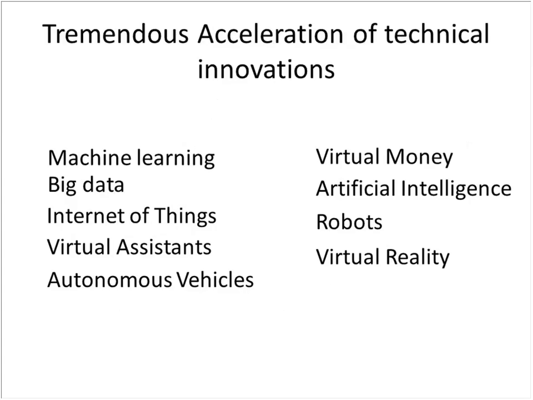And the things you hear out there: machine learning, big data, Internet of Things, virtual assistants, autonomous vehicles now becoming a piece of software, virtual money, artificial intelligence, robots, and virtual reality are big buzzwords these days in the marketplace. What do these things mean? What's the role of an information systems engineer in these big thrusts that we see coming our way?